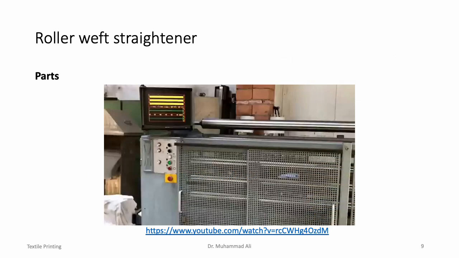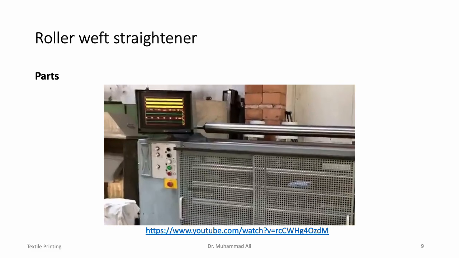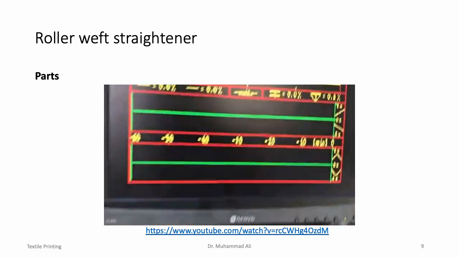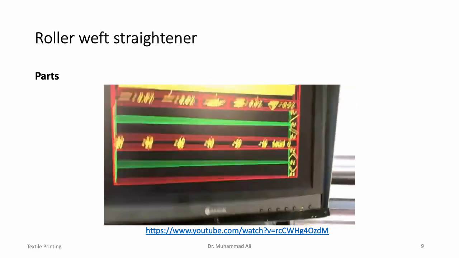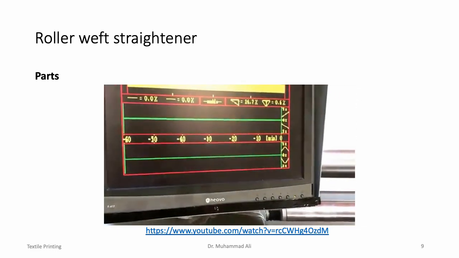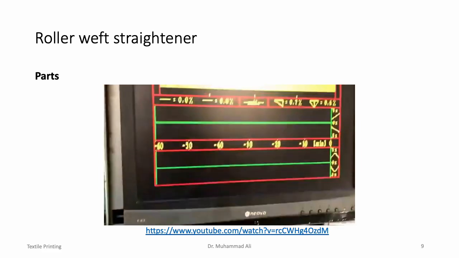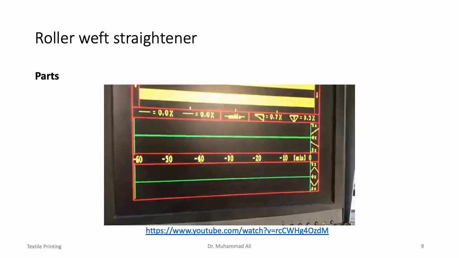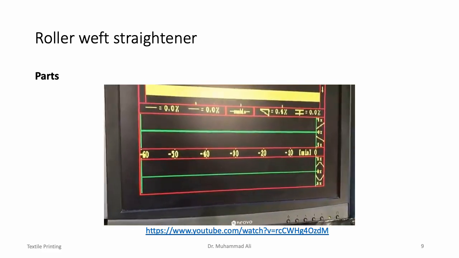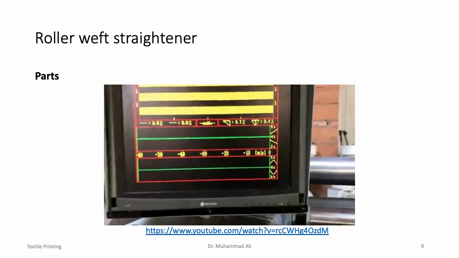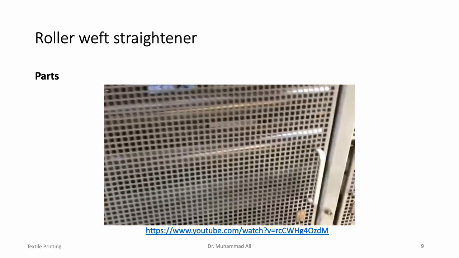Now let's further clarify this point with the help of a video. So of course, we have a display panel. The display panel shows the type and the magnitude of the distortions in the incoming fabric, and it also displays the weft distortions that are present in the fabric that is coming out of the weft straightener.